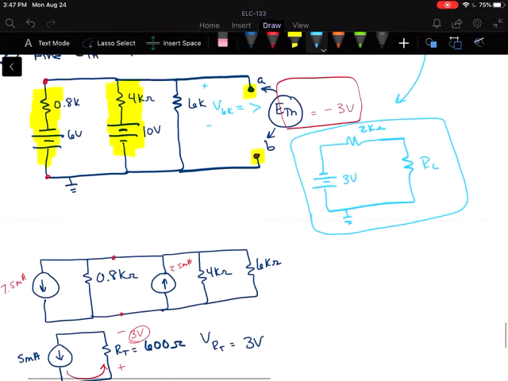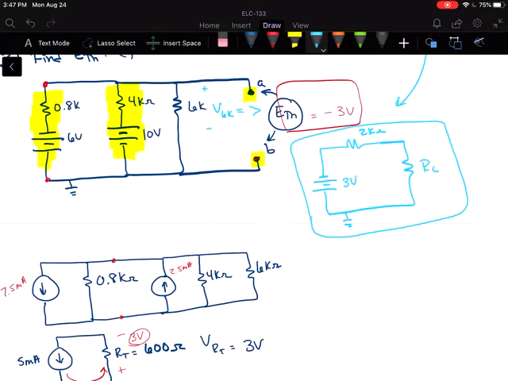So what other options could we have used for solving this? Well, we could have done mesh analysis, for instance. So made this I1, made this I2, and let's work on this.